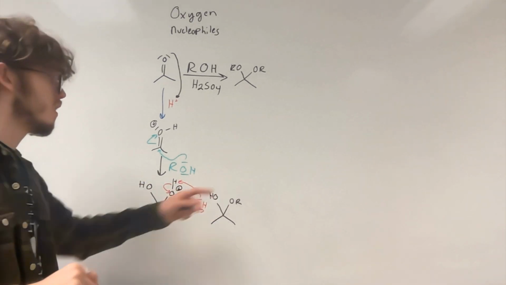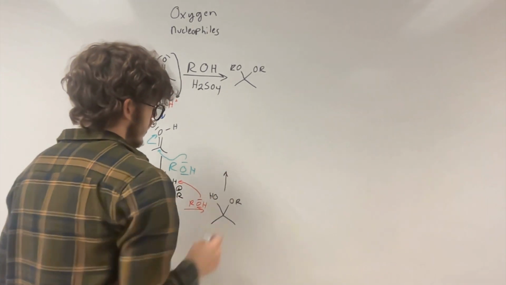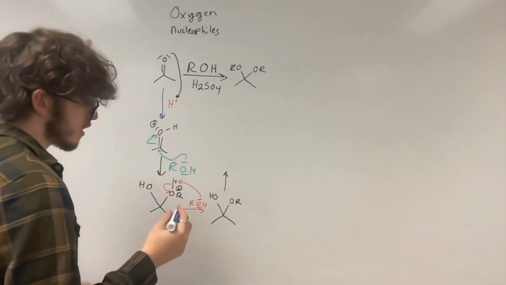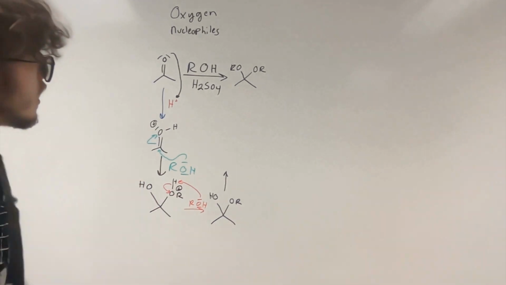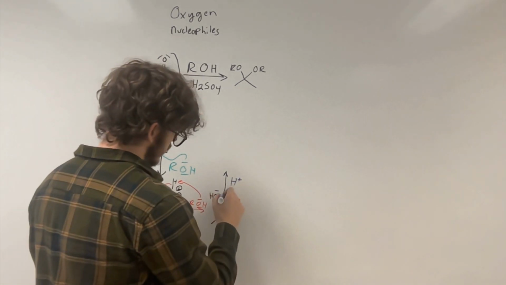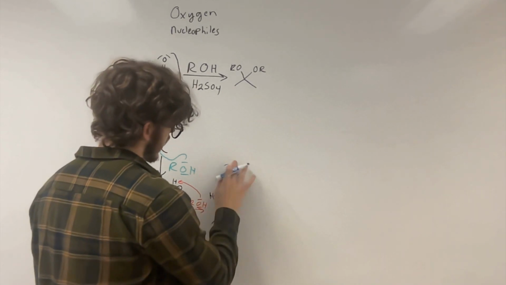OH on one side, ether on another side. So the next step here is to get rid of OH. So what does it do? Well, if you want something to leave, especially OH, you need to protonate it. So it's going to pick up another hydrogen ion from solution.